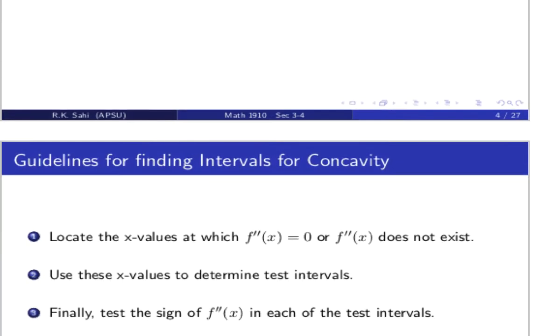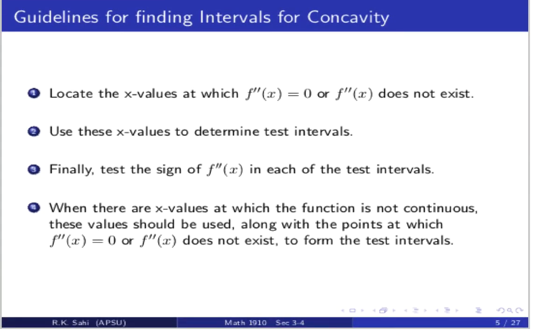Now, let's look at some of the guidelines which will help us to find the intervals for concavity. So the first thing we do is we locate the x values where the second derivative is 0 or the second derivative does not exist.